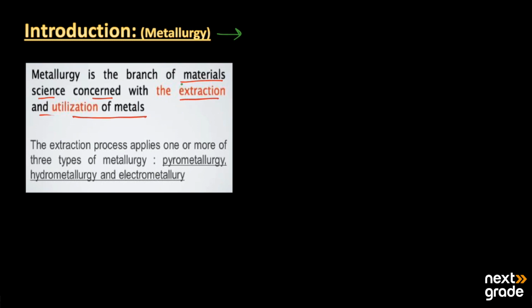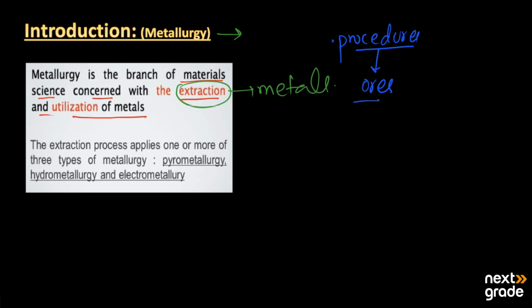Basically, the main process is the extraction of different metals. In metallurgy, we will discuss all the procedures that are used to extract metals, and the metals are extracted basically from their ores.